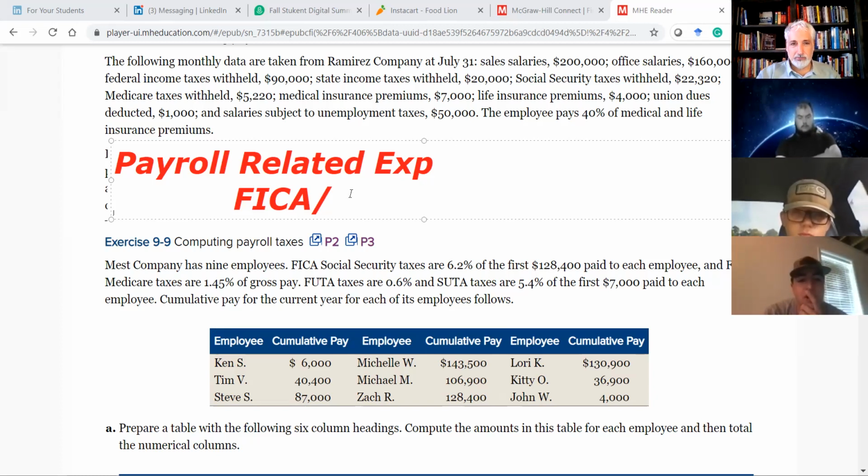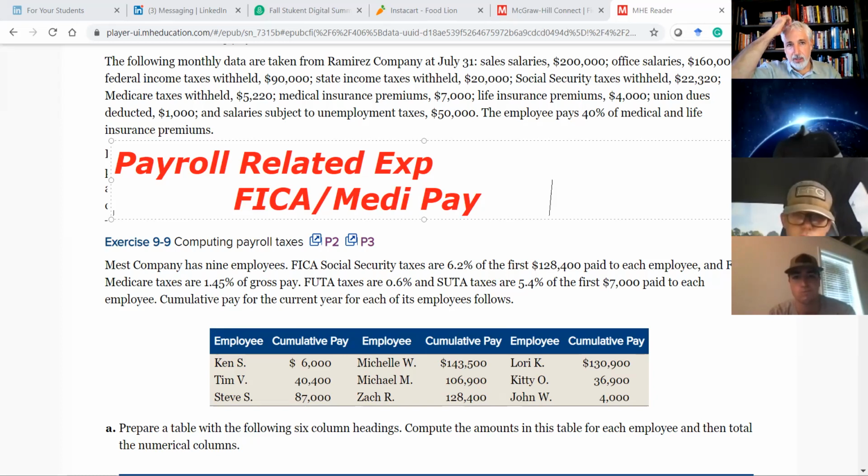It's not going to let me do it. I've got another utility on here that's kind of a Medicare payable. That is our match that we have to put in there. And so we're going to match, not the federal, the 90. We're not going to match the 20. We are going to match the 22,000 and the 5,000. So we got 27,540.